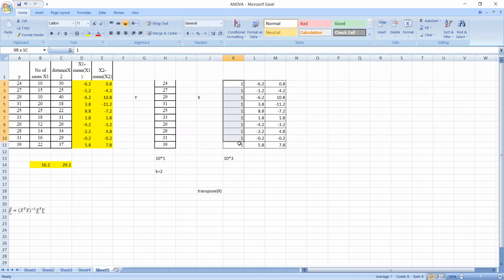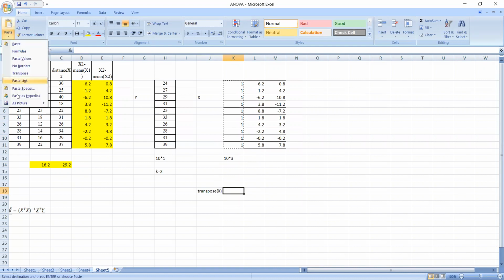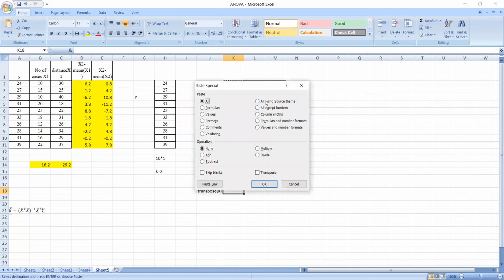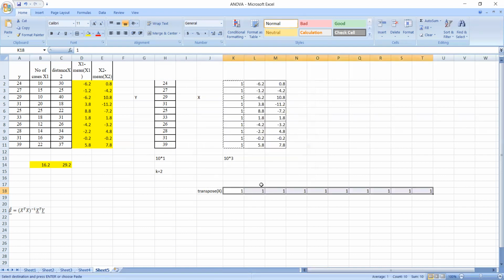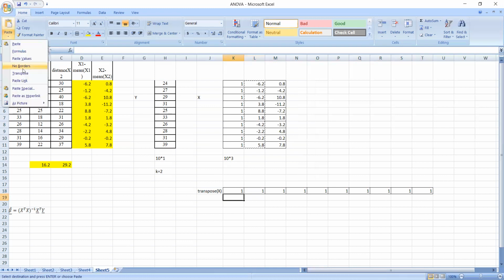So I'm going to just copy this first column, and here I'm going to paste it as the first row. Likewise, I'm going to take the second column and take it as the second row.